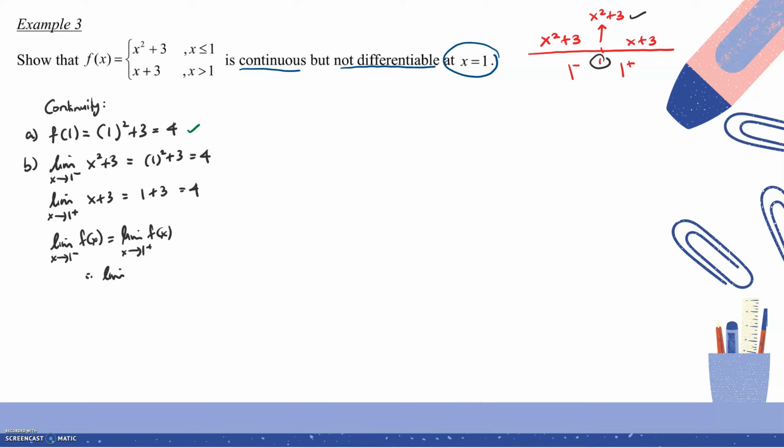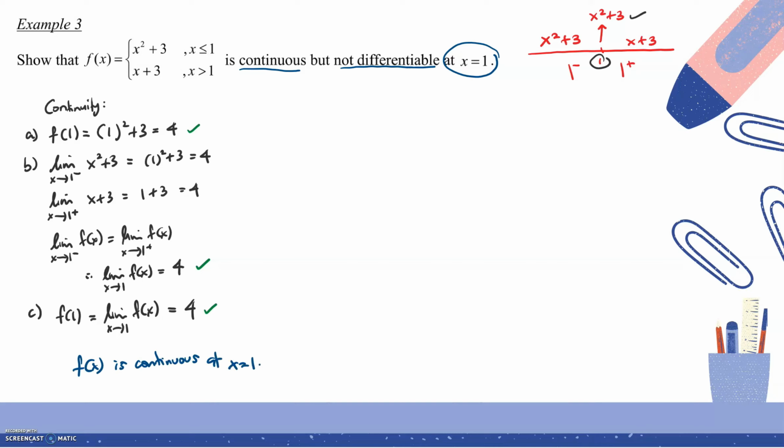Therefore, the limit of f(x) as x approaches 1 exists and the value is 4. For the third condition, we need to check whether the value of f(1) is equal to the value of the limit. So f(1) is equal to the limit of f(x) as x approaches 1. So this is 4. So we can conclude that f(x) is continuous at x equals 1.